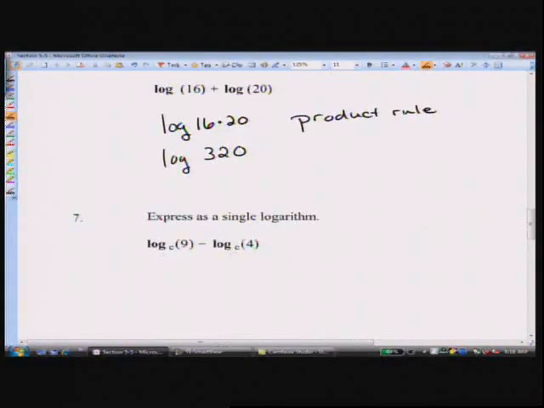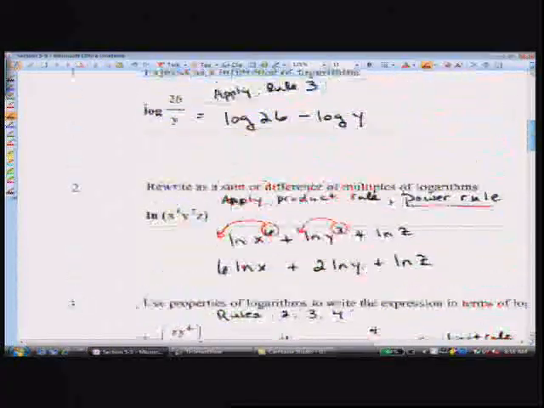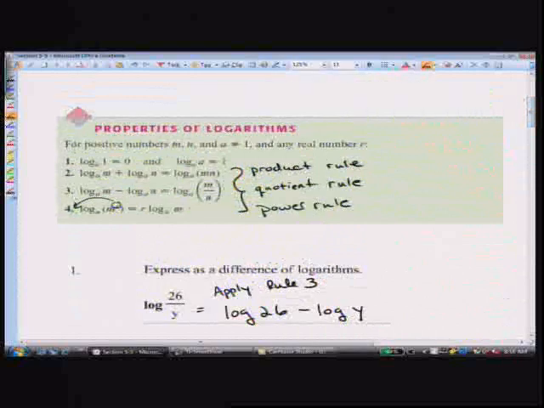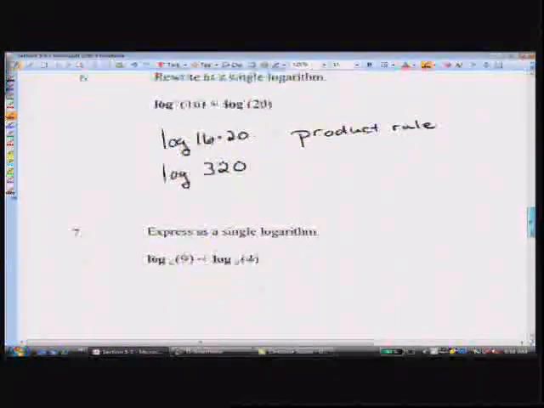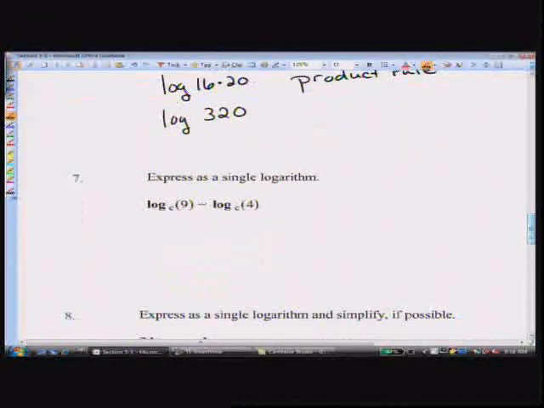Okay, now since we have the difference of individual logs, when we go up here, we see rule number 3 tells us that the difference of individual logs is equal to the single log of the quotient, or the division of them. So go back to that and tell me what you think. It'll be log 9 over 4. Yeah, log, and it's base C, 9 divided by 4. That's using the quotient rule.